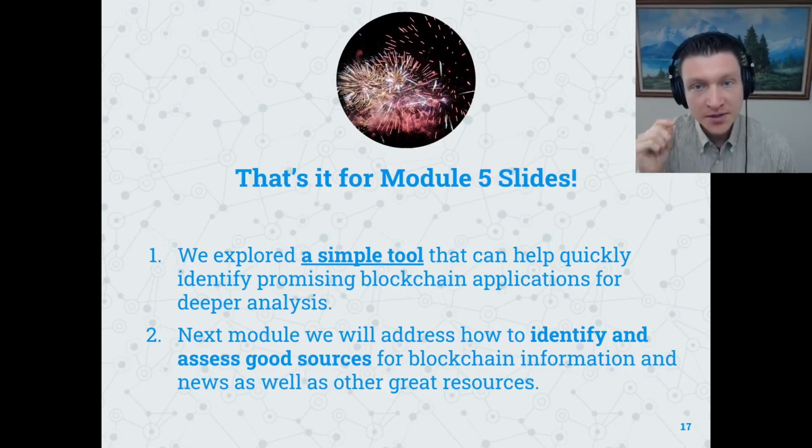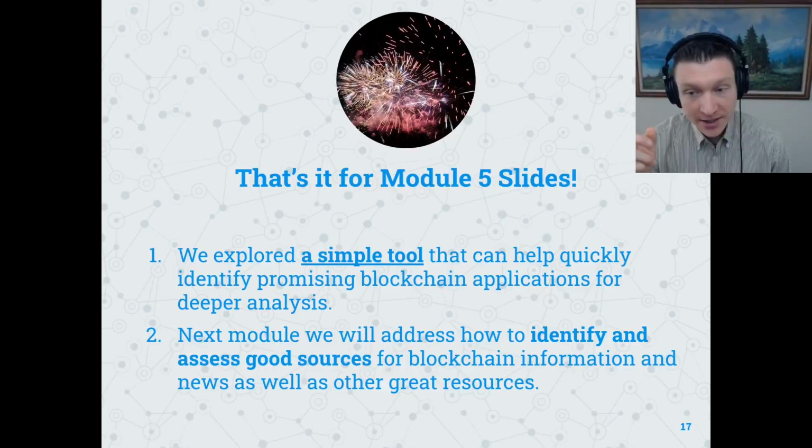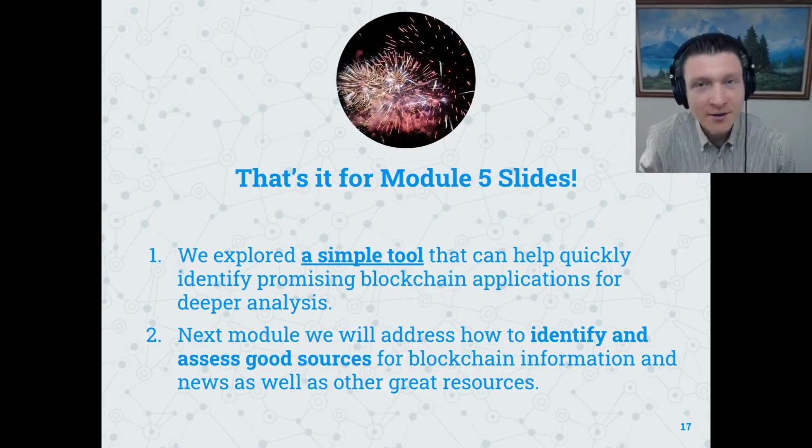And this will be the entry point to decide if this is a viable blockchain solution to do a case study around. And so next module, we'll identify some of the resources that you can use once you've decided on a good or bad use case to help refine and answer some of those more detailed questions that'll help you make that case study great.